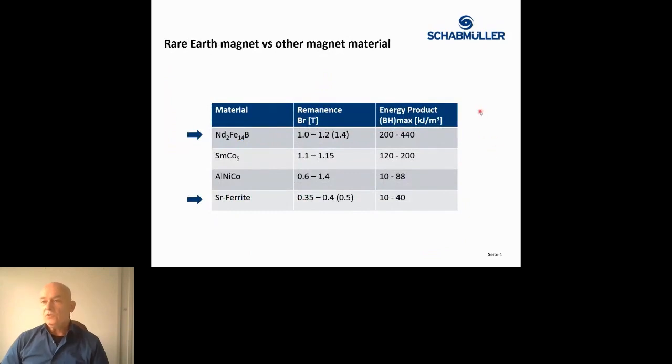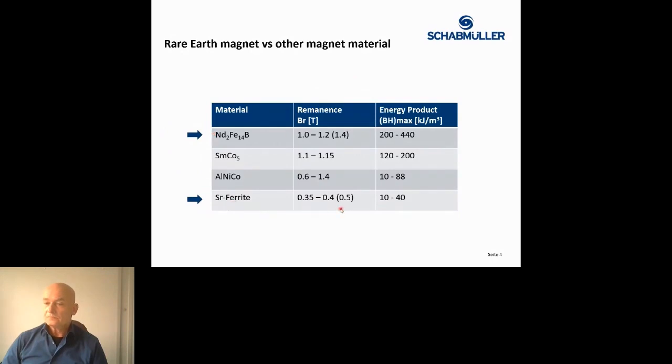If we look at the properties of the magnet materials, here I would like to focus a little bit on the rare earth neodymium ferroboron materials, comparing the remanence and the energy product of the rare earths to the strontium ferrite.